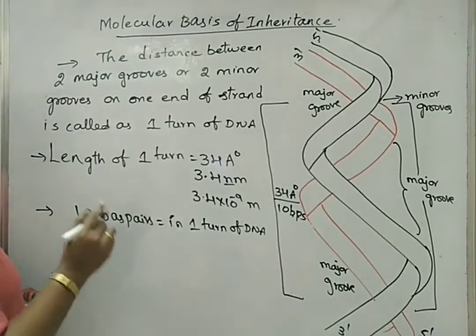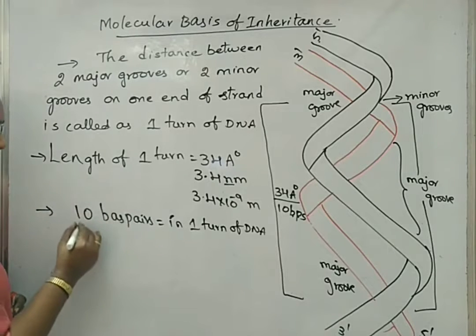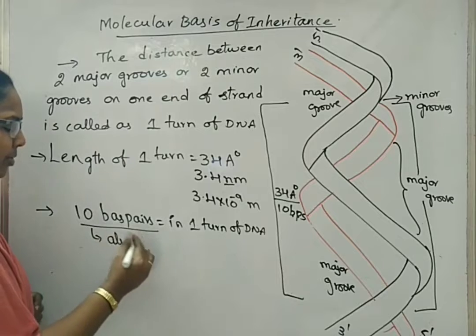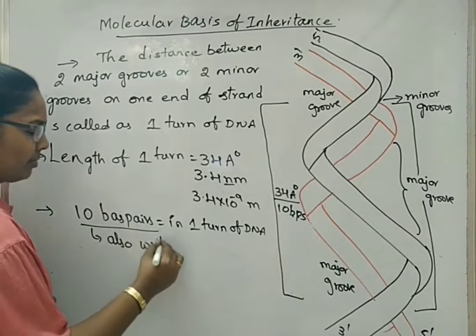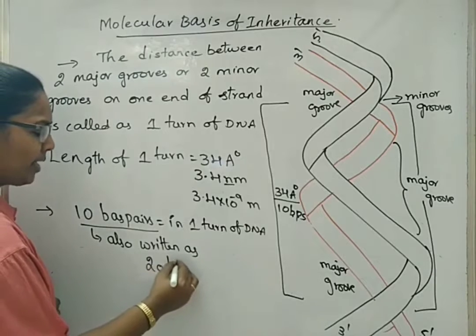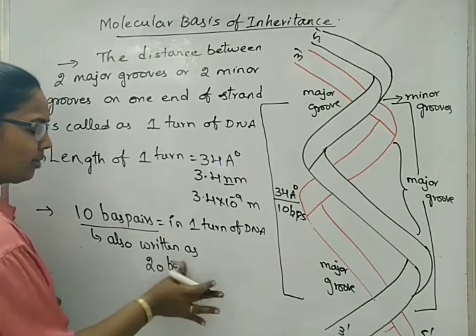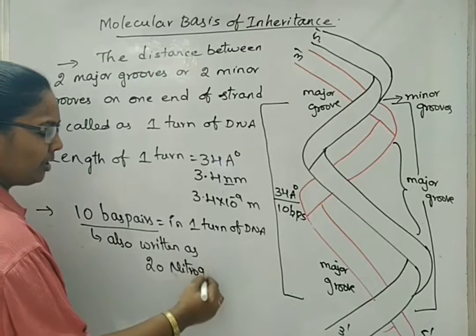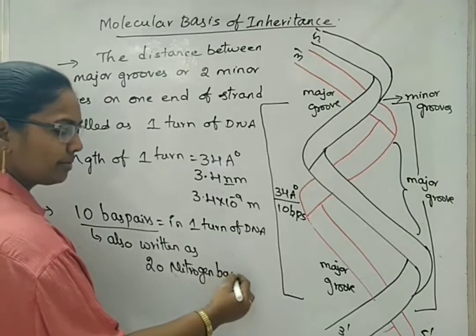Coming to the number of nitrogen bases, this is written as 20 nitrogen bases.